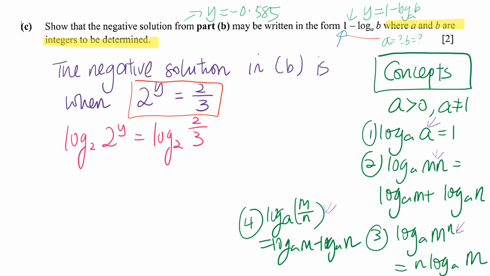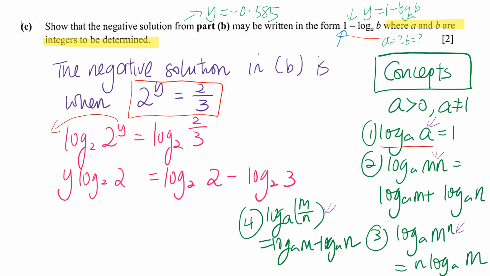So from here you see that I can apply the power law to bring my y down, so that I have log 2 base 2, and log 2 base 2 is 1. And here I actually applied the quotient law, right? And log 2 base 2 is 1. So here I will just get y only.